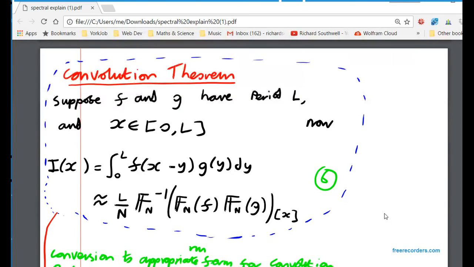So sometimes it can take quite some work to change a problem into this form where we can use this convolution theorem.